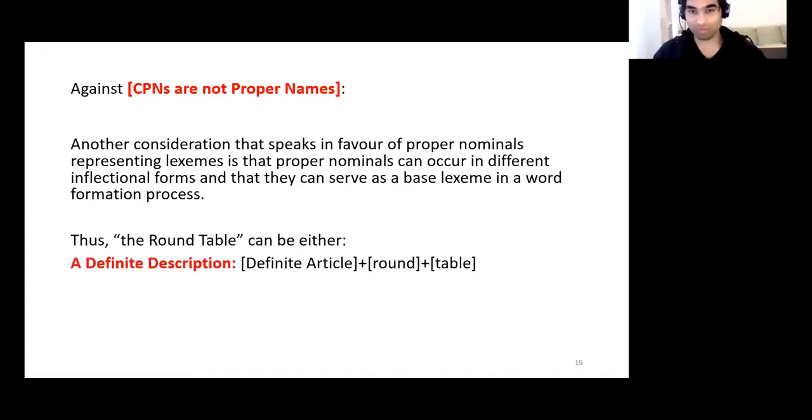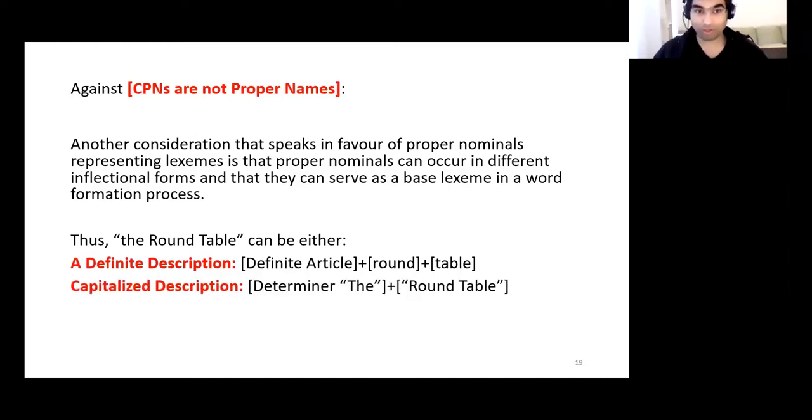The expression round table can either be a definite description, in which case it should be taken to be composed of three syntactic constituents: first of all, the definite article, the adjective round, and the common term table. Or it could be thought to be a capitalized description, in which case it should be resolved into the determiner the, which need not be the definite article of English, and the proper nominal round table.